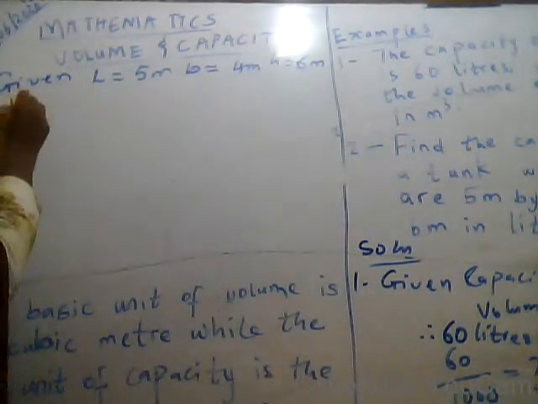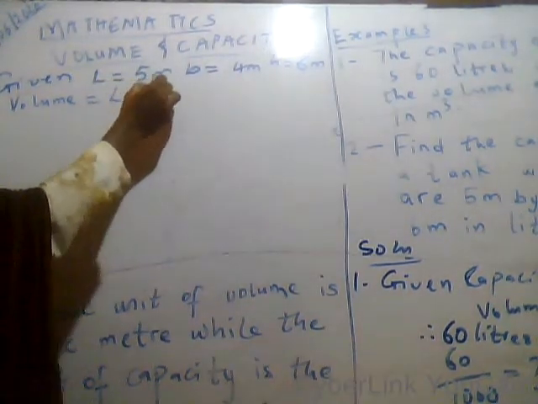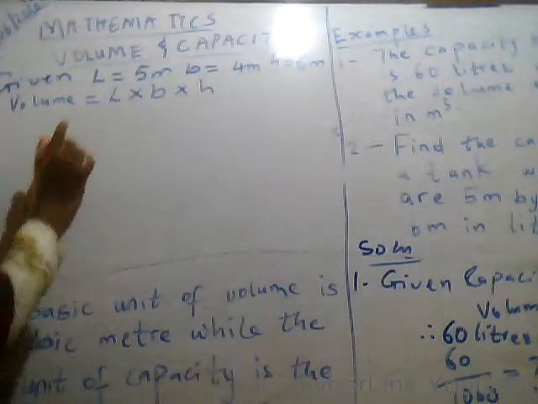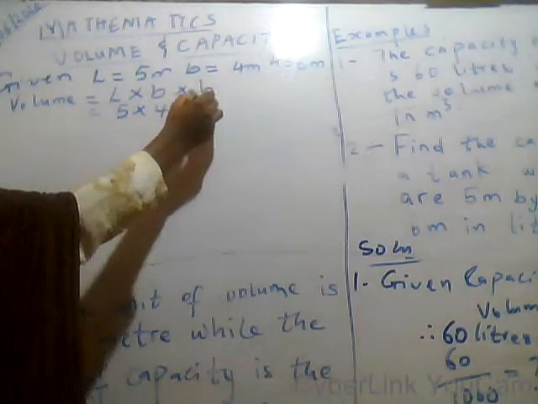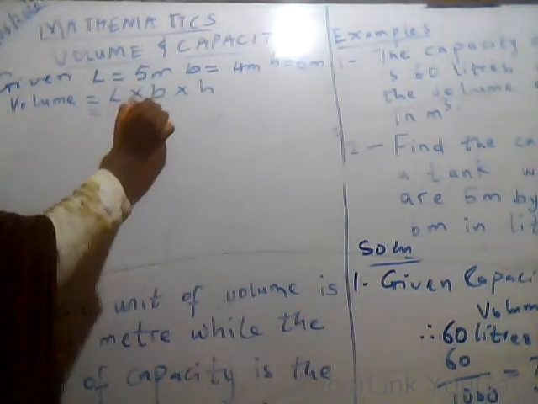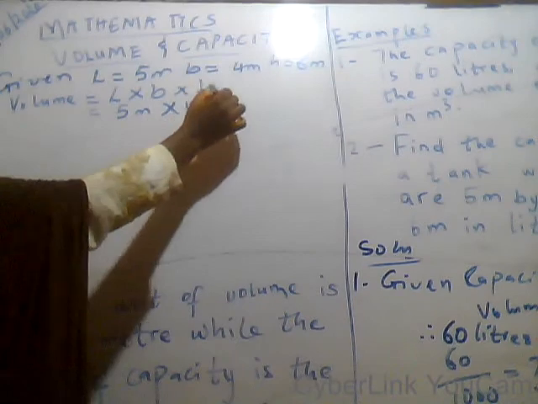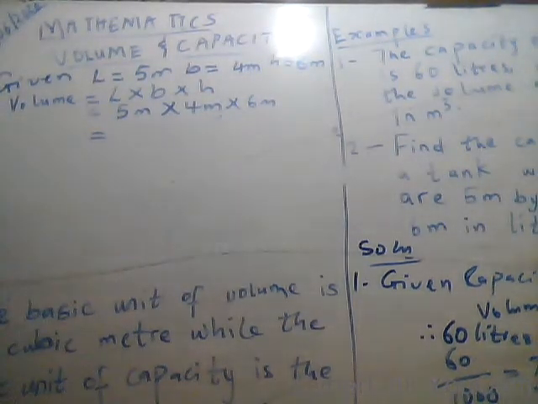Now our volume, the formula for finding volume, is length times breadth times height. Then we have 5 times 4 times 6. Don't forget, let me include my meters: 5 meter, 4 meter, and 6 meter. I hope you are following me.